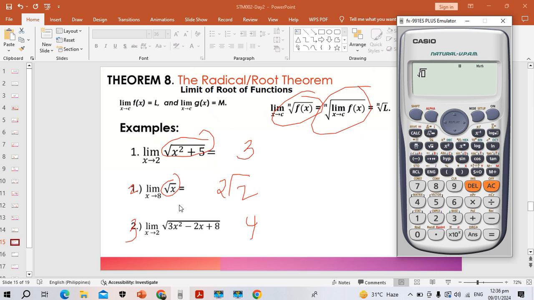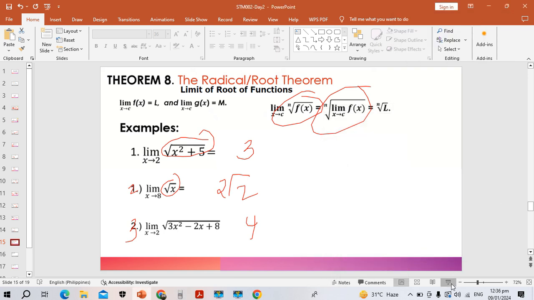Why? Kasi the 8 has a perfect square number which is 4. So, lagay natin yan para mas-solve siya agad. 2 square root of 2 because 4 is a perfect square number. Then, dito naman sa isa is magiging 3 times 2 raised to 2 minus 2 open 2 tapos plus 8. Direct na siya. Kaya the answer here is 4.